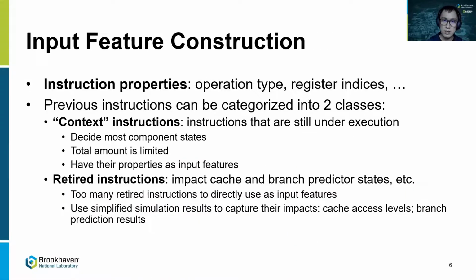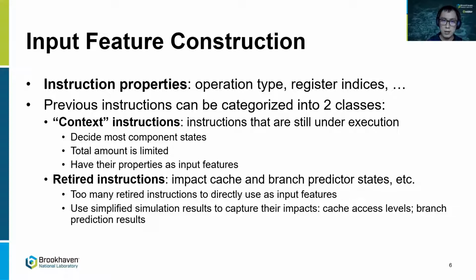So first, let's see how we construct the input features for this machine learning-based predictor. As I introduced before, the first part of the input should capture the instruction properties, which include operation type, register indices, etc. And the second part is the previous instructions.